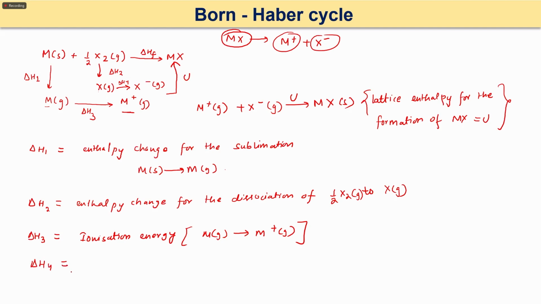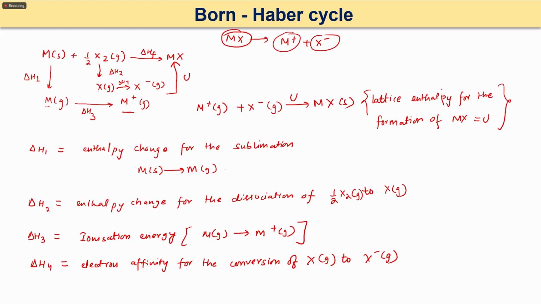Delta H4 is the electron affinity for the conversion of X to X minus. Okay, so in order to get X minus from X, this X will have to take an electron, and that we call electron affinity.